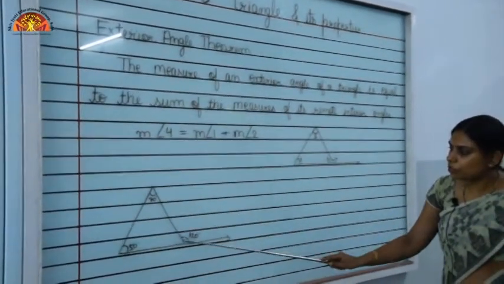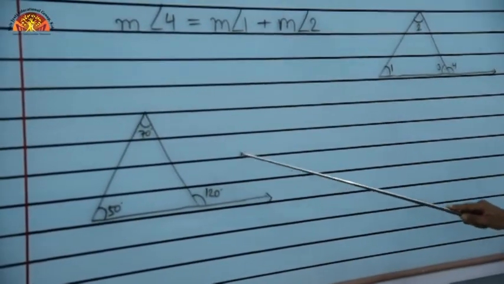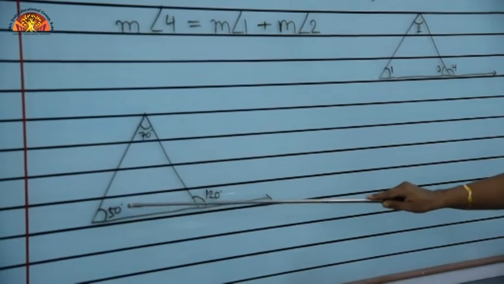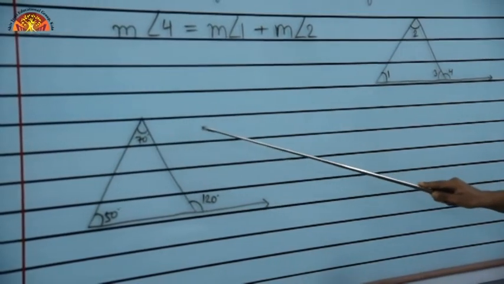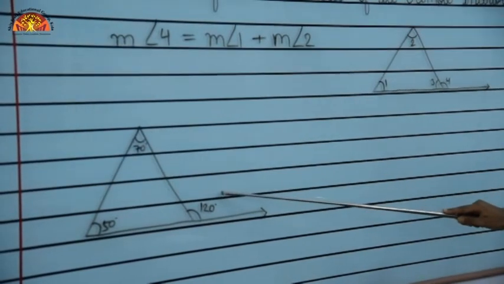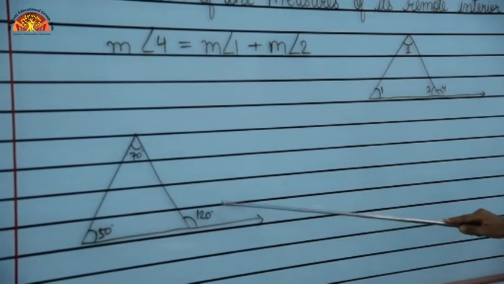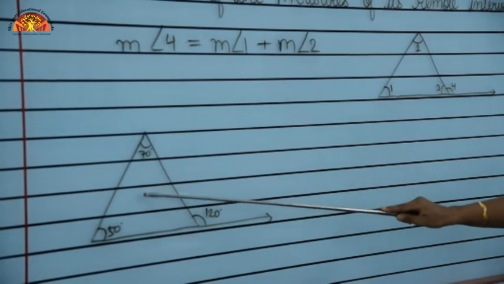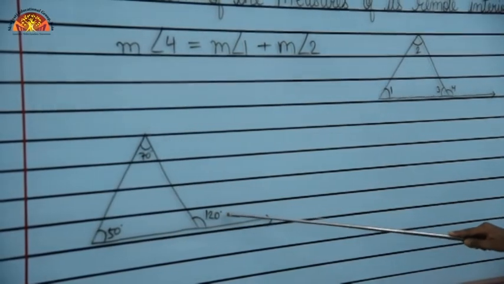Here the measure of exterior angle is equals to 120 degree and the measure of interior opposite angles is 50 degree and 70 degree. So as per their theorem, exterior angle is equals to sum of the interior opposite angles. So 120 degree is equals to 50 degree plus 70 degree, which is equals to 120 degree.